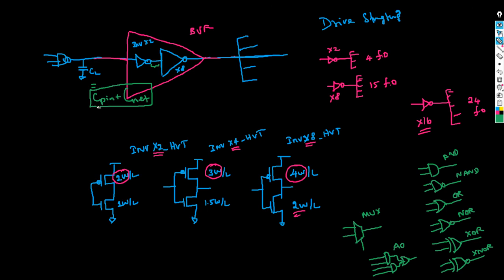Short circuit power, there is no way. We say switching power. Switching power, the formula is basically alpha C V squared F. This C is nothing but your load cap.